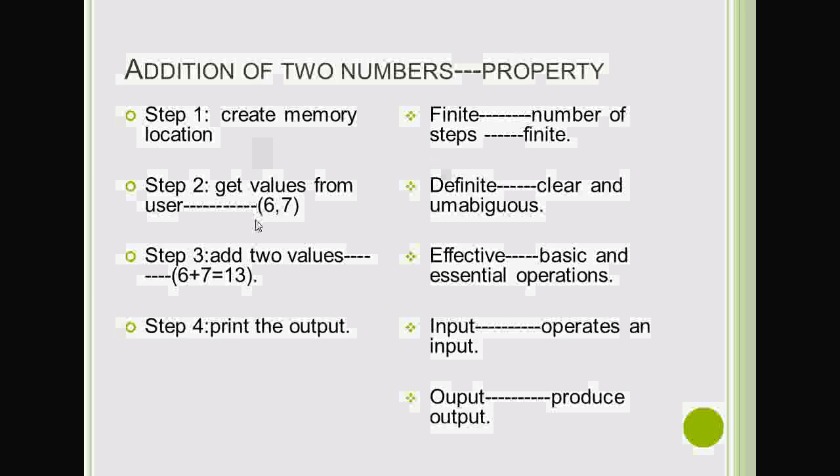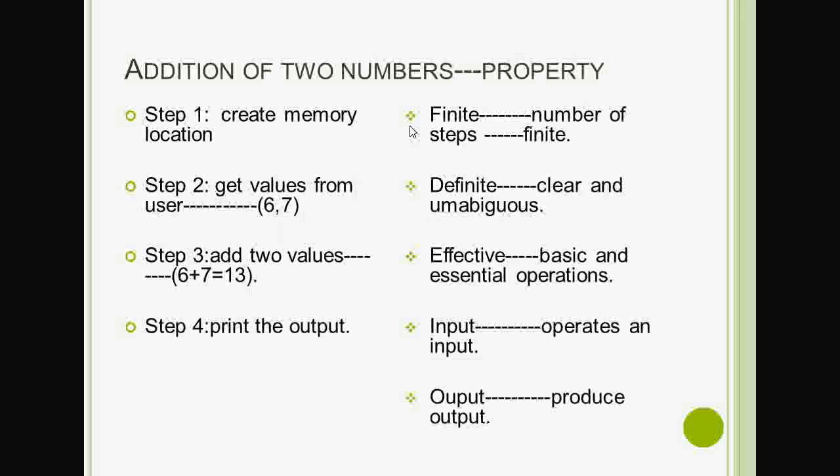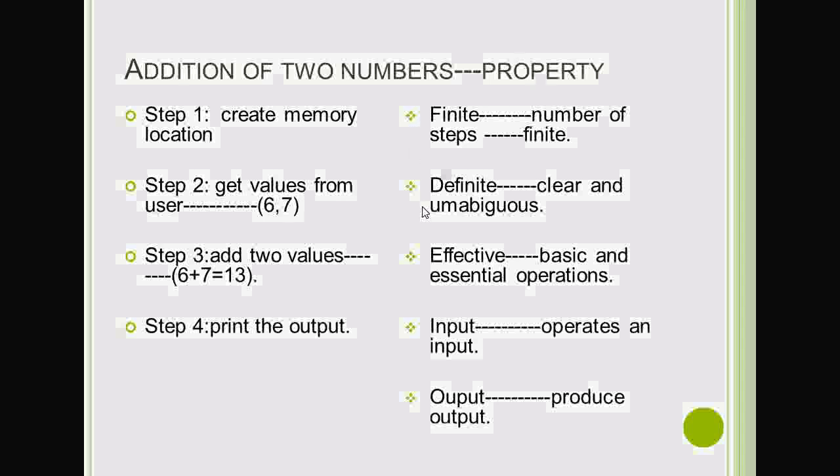Finite means the number of steps should be countable. Yes, we can count how many steps are inside the algorithm. So it holds the first property. Then definite. What is definite? Each and every line should be very clear and understandable. Yes, of course, we can understand what each individual step is doing.